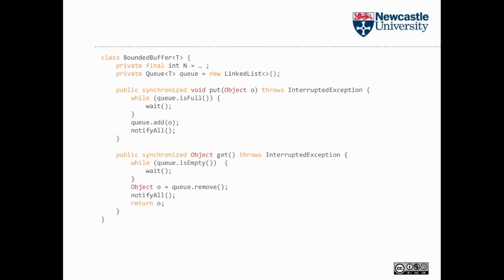So basically the notification has the aim that whoever is waiting for the queue to not be empty would know that now they are allowed to remove one element without throwing an exception, and whoever wants to put an element, under the assumption that the queue is bounded, so that's why you have that n, is going to be allowed to put one extra element because the queue was depleted. So what if I'm replacing notifyAll with notify? Do I have any kind of guarantee to which process I'm sending the signal?